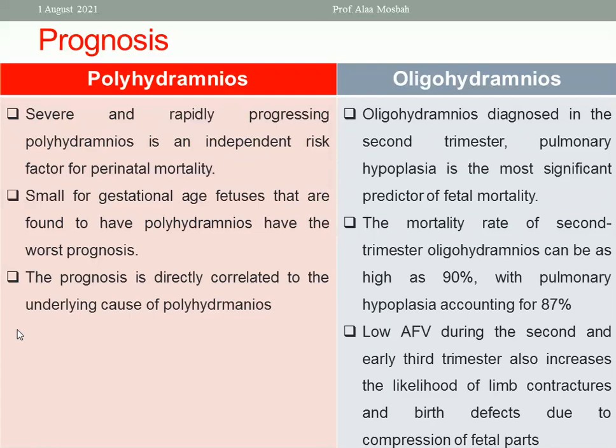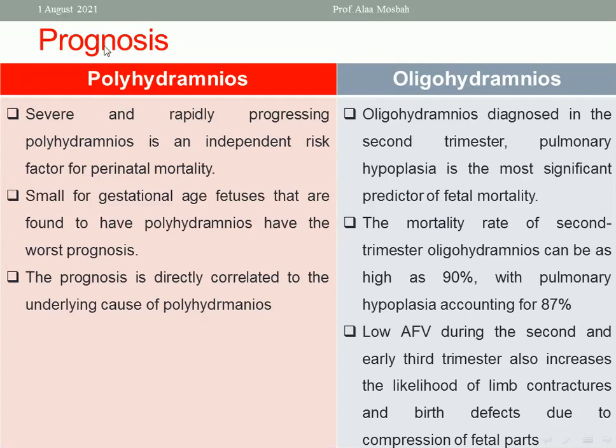So if we have a case with a small for gestational age baby, with growth restriction, and at the same moment we have polyhydramnios, this is the worst prognosis of all in cases with polyhydramnios. Okay? The prognosis is directly correlated to the underlying cause of polyhydramnios.